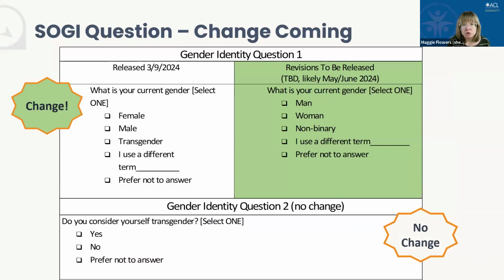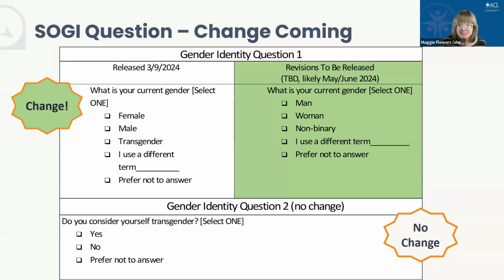The corrections are shown in the green box, and those include changing female to woman, male to man, removing transgender, and adding non-binary. This revision will remove the duplication of transgender as a response option.